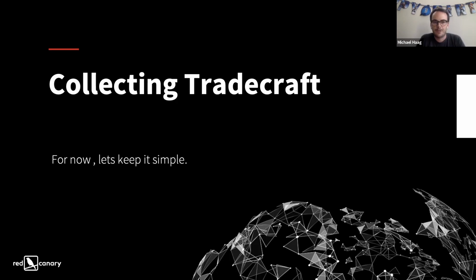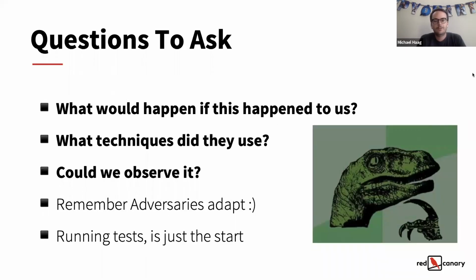Casey, if you want to flip to the next slide, we look to cover this. When we started looking at ATT&CK in particular, we started collecting all the data and looking at different threat reports, and we started gathering a lot of them straight from MITRE on the group 7 page, so ATT&CK's page. And as we started collecting it, the question in this particular case is: what would happen if this happened to us?